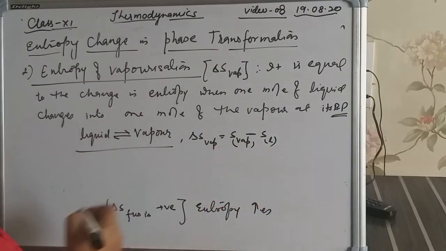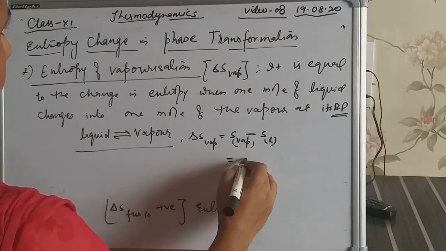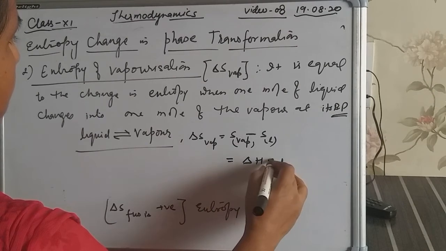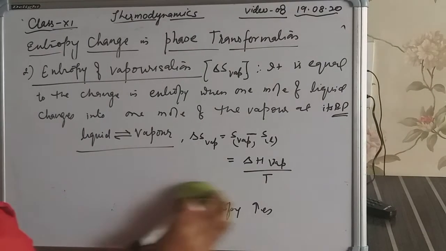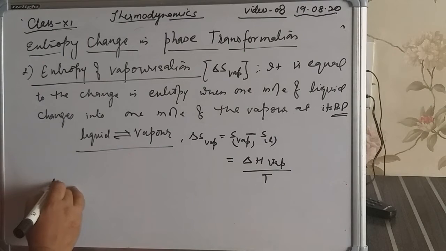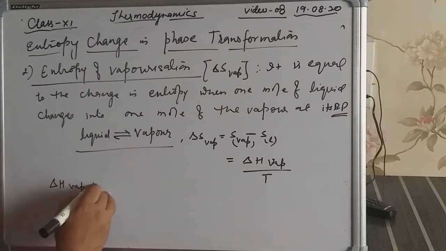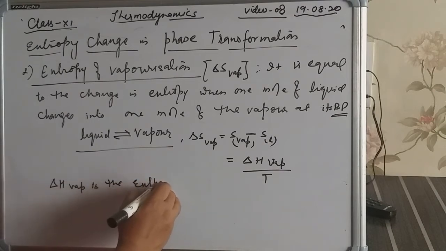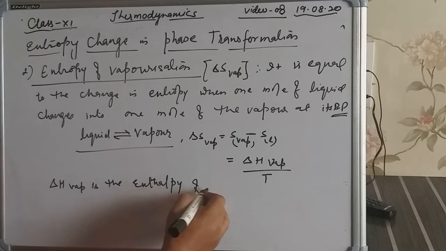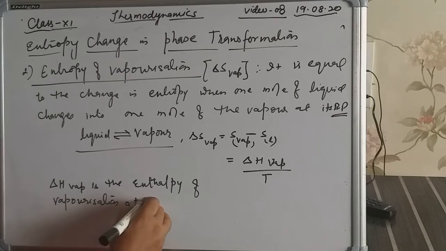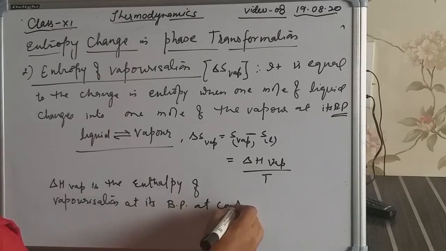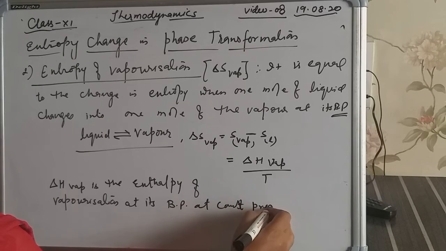Final means S vapor minus S liquid, or the change in enthalpy of vaporization divided by T, where delta H vaporization is the enthalpy of vaporization at its boiling point, at constant temperature and pressure.